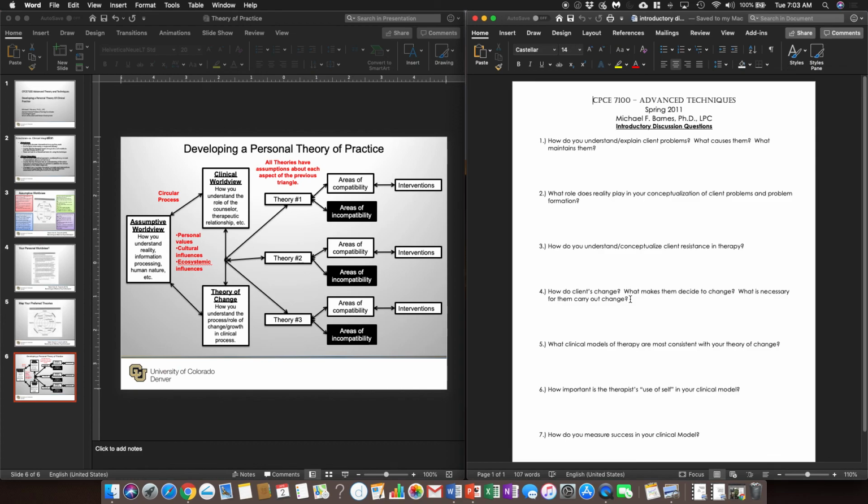Question number 5, what clinical models of therapy are most consistent with your theory of change? And we're going to talk about that a lot in the next few minutes. How important is the therapist's use of self in your clinical model?